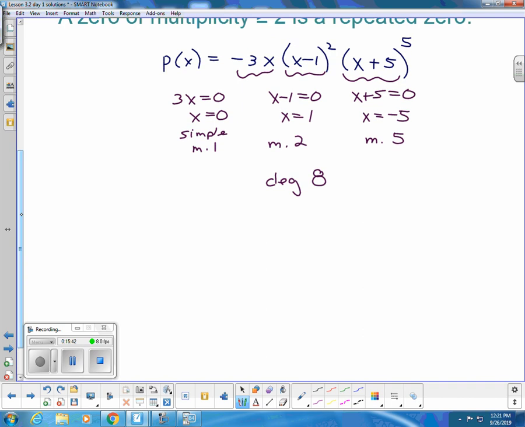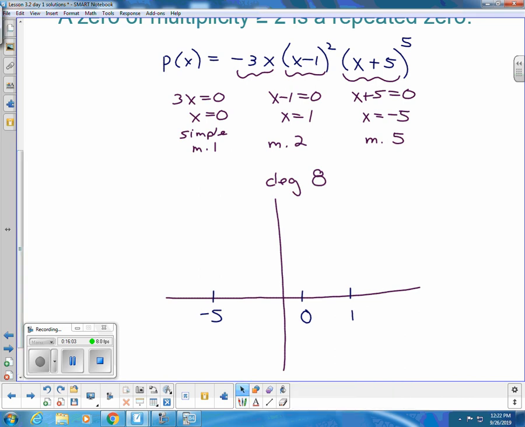Let's go crazy. Here's my x-axis. We have negative 5, 0, and 1. You can put your y-axis in there if you'd like. That would be at 0.